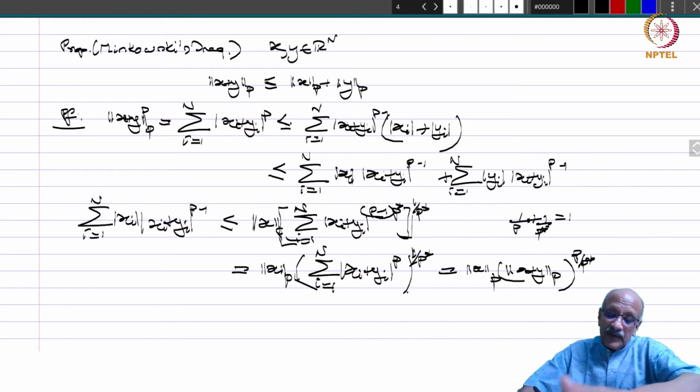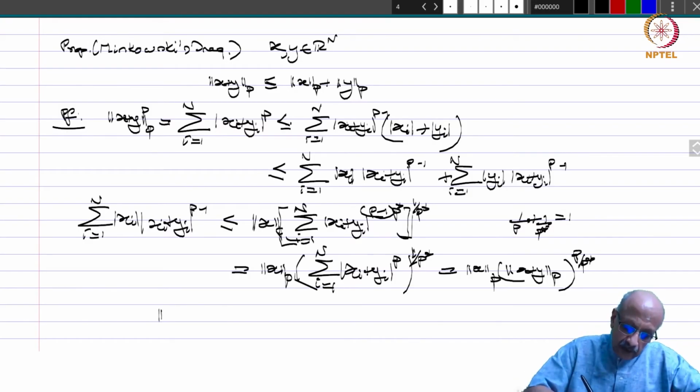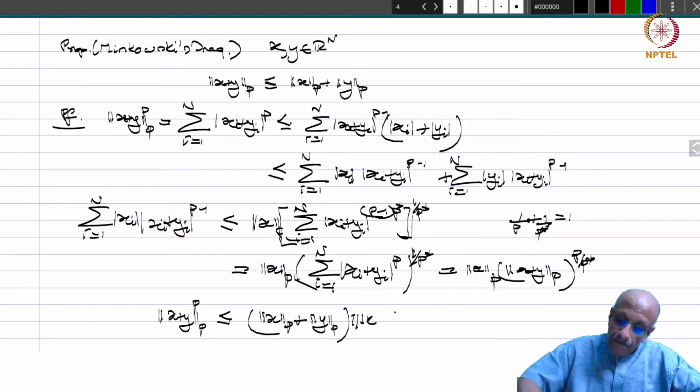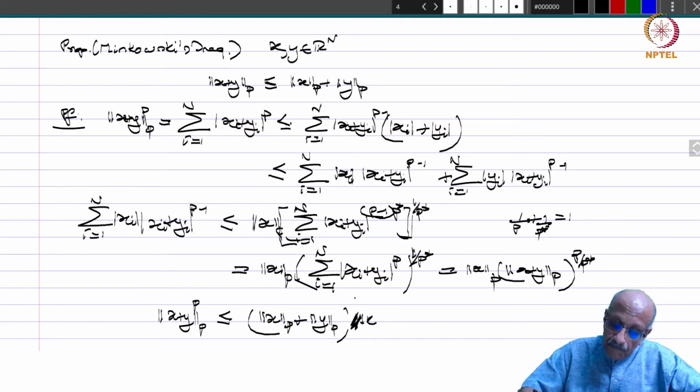Okay, so you can do the same thing for the second term, and therefore you get norm of x plus y, p, whole power p, is less than or equal to norm x_p plus norm y_p times norm of x plus y, p, to the power of p by p*.